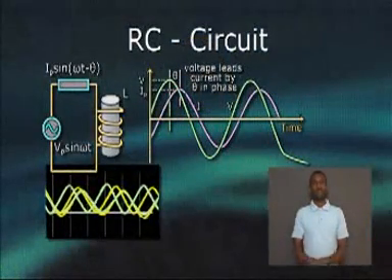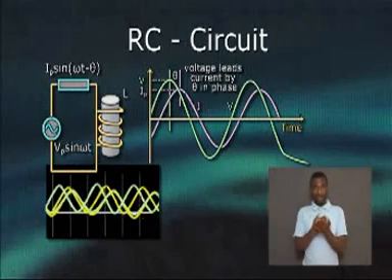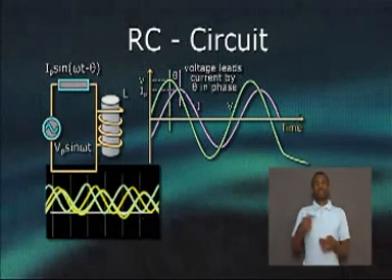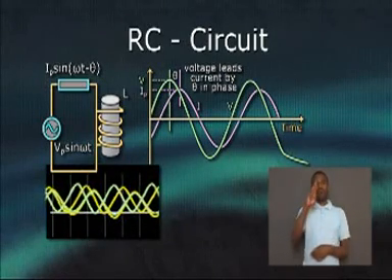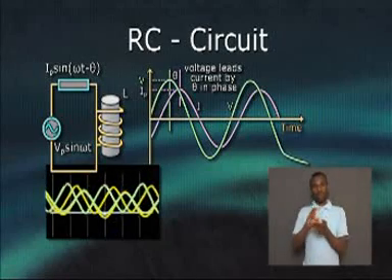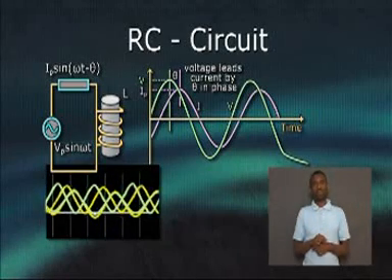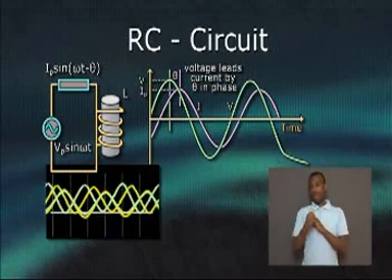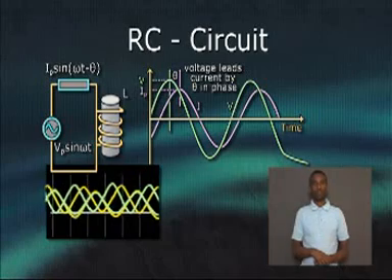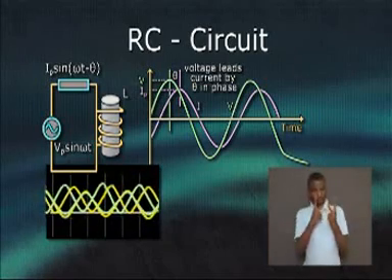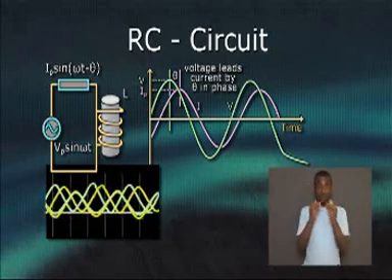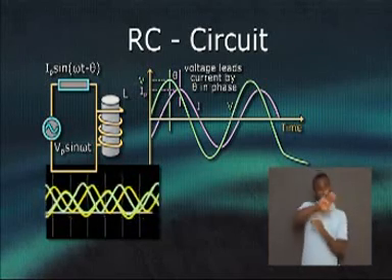In our last lesson, we introduced an RC circuit, which makes use of a resistor and a capacitor. We looked at this circuit and managed to calculate its total impedance.